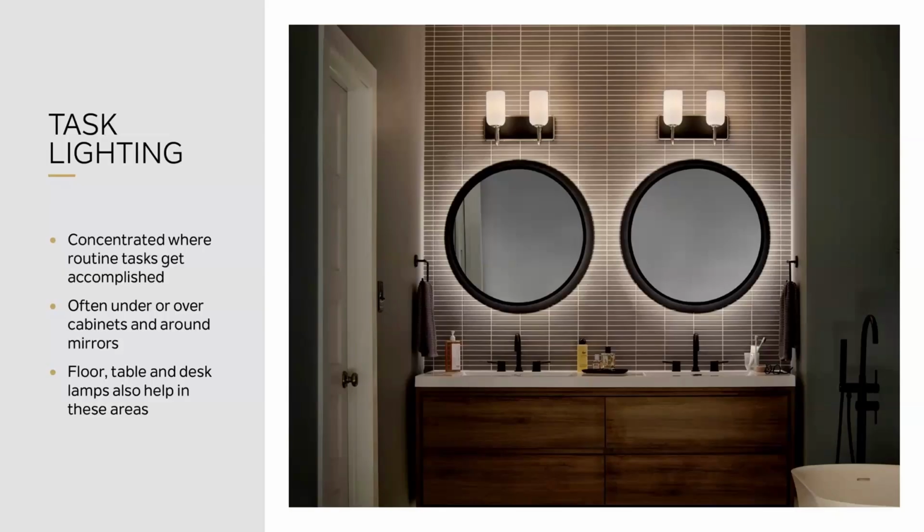All of those are tasks that we do sometimes on a daily basis. So we need to have the right type of lighting to support those tasks. That's why task lighting is often under or over cabinets or over mirrors. You also just have to strategically place them, and you can use some down lights or recessed lighting to help overall with the task lighting.